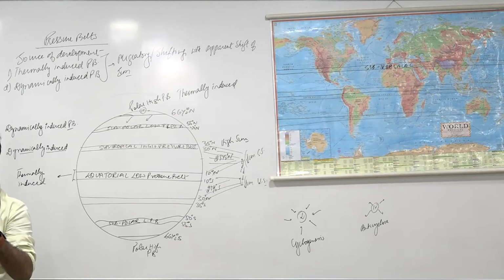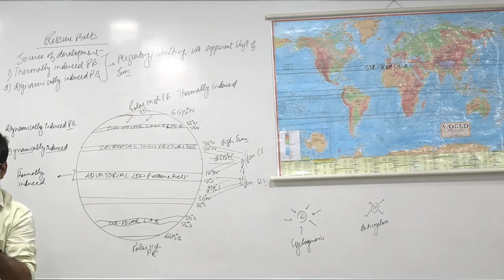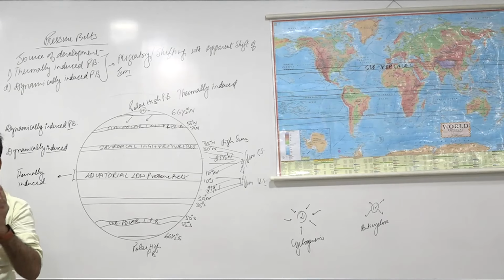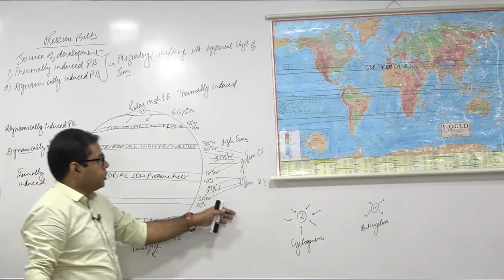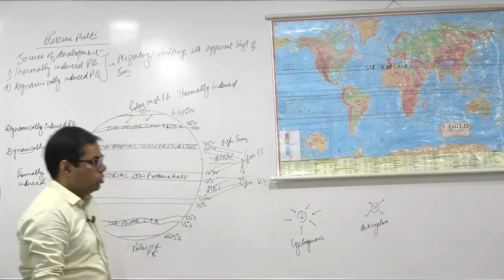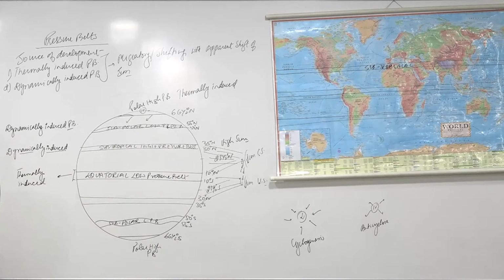So this is called apparent shift. Clear? North means Tropic of Cancer and the south means the Tropic of Capricorn.